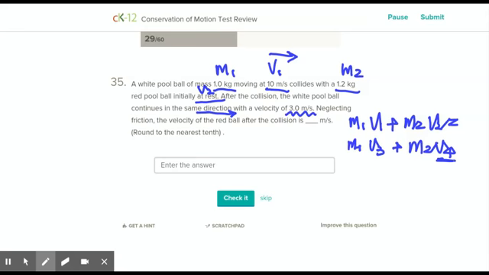You plug in the numbers: 1 kilogram times velocity 10, plus V2 is 0, so 0, equals 1 kilogram M1 times the new velocity, which is 3 because it's the same direction, so it will be positive as well.